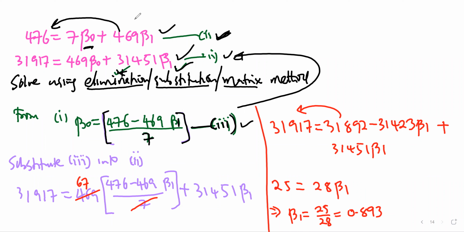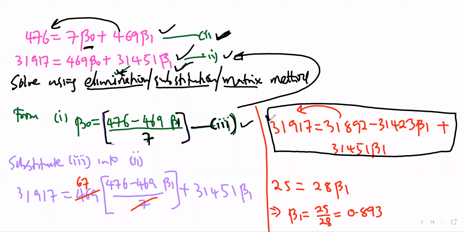After simplifying by dividing the first term by 7, we'll end up with this item here. Then after grouping like terms together, we'll get 25 is equal to 28 beta 1. After you make beta 1 the subject of the formula, you will get this as the regression coefficient, beta 1. And we said this is always an estimate, so you put a hat there to show that it is the estimate of beta 1 using this particular method.